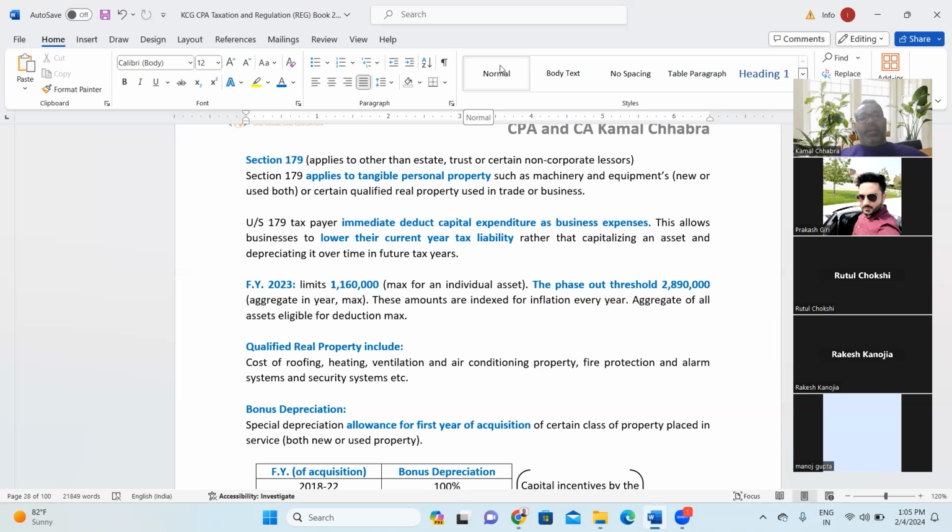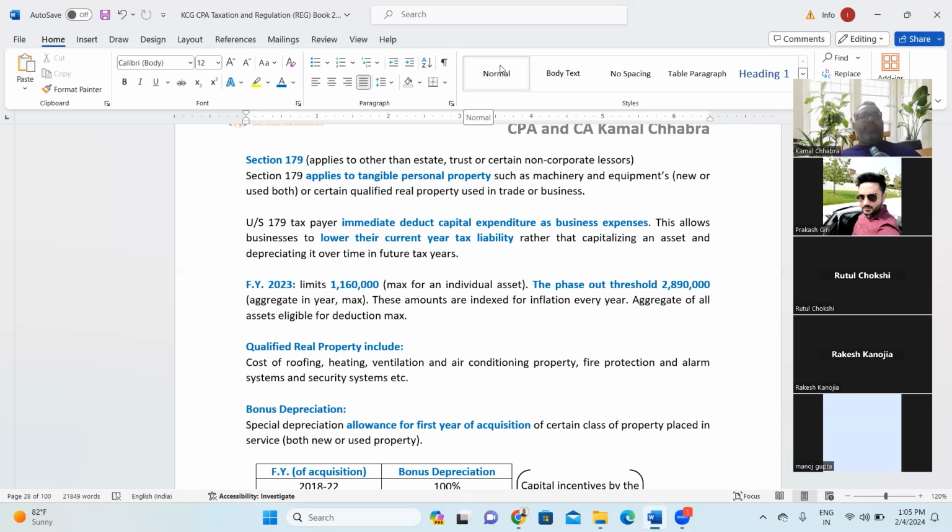For 2023, the maximum limit is $1,160,000 for individual assets, or for a group of assets, it's $2.89 million. These amounts are indexed for inflation every year, an aggregate of all assets eligible for deduction, right? And it includes both new assets as well as used assets which you have purchased.